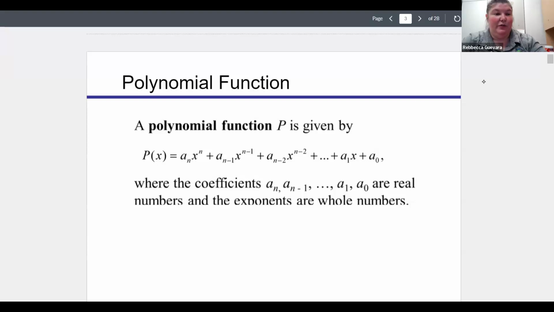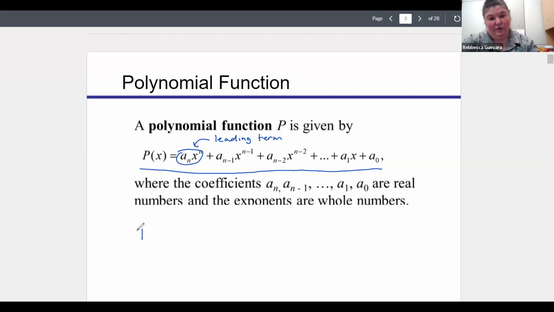A polynomial function is going to be given roughly by this general form. You'll have a coefficient and then x to a power, another coefficient, x to another power. Ideally, this one out here is going to be your highest power. This is the one we call the leading term. So if my polynomial happened to be, say, 5x to the seventh, then ideally the next term would be the next lowest power, and then your next lowest power.